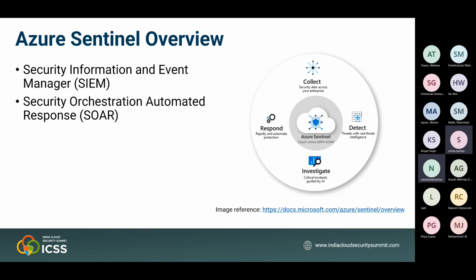It also investigates threats with artificial intelligence and hunts for suspicious activities at scale, tapping into years of cybersecurity work at Microsoft. It also responds to incidents rapidly, with built-in orchestration and automation of common tasks.